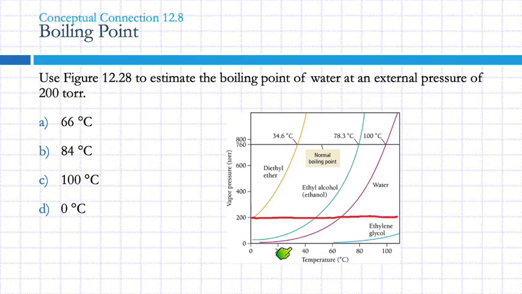So where does the vapor pressure of water equal 200? Right here. So we can drop another line down there. And this is a multiple choice question. And so it's clearly not 84. It must be 66. At a lower pressure, water will boil at a lower temperature.